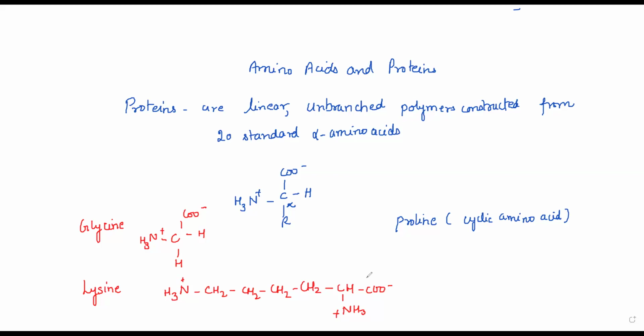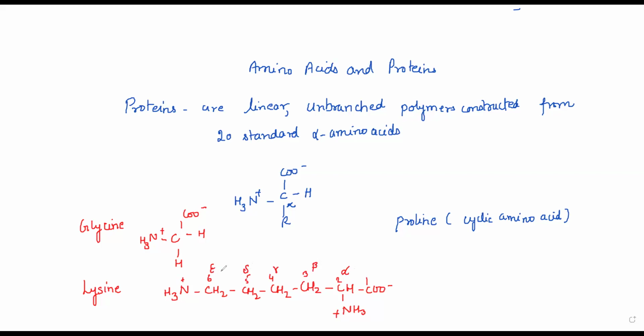So if we count, it is 1, 2, 3, 4, 5, 6. This is alpha, this is beta, gamma, delta, and epsilon. Right?